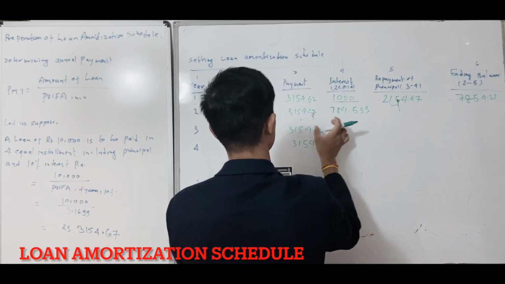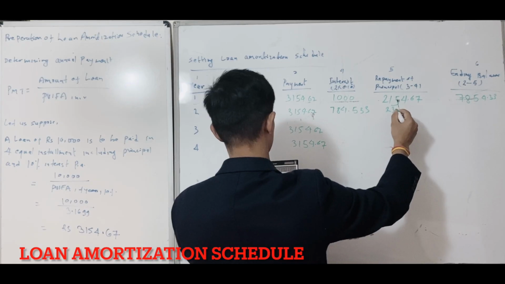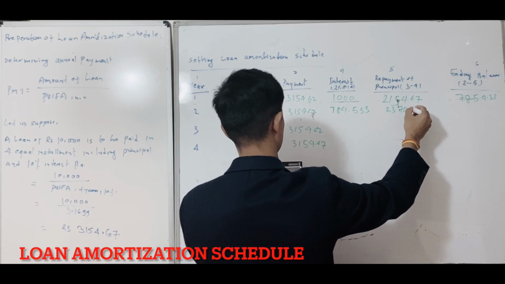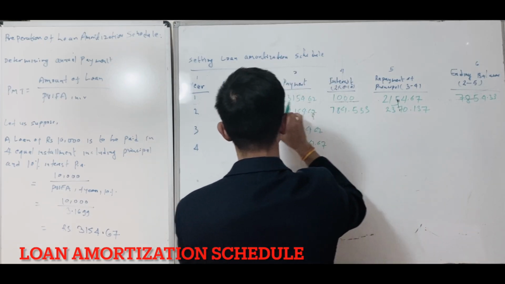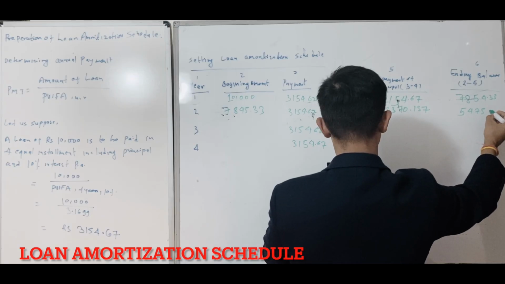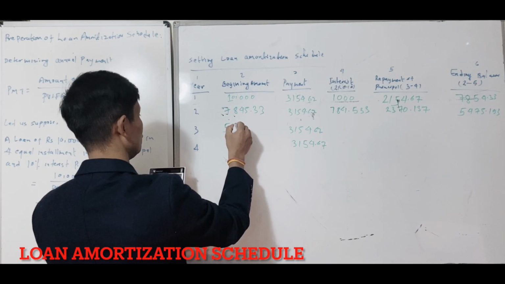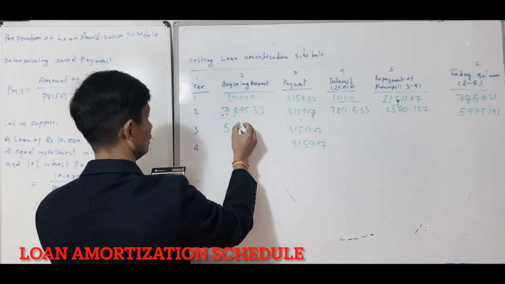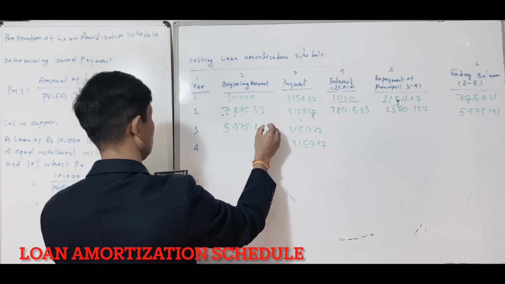Column 5, column 3 minus 4, 2370.137. Column 6 is column 2 minus 5, we get 5475.193.